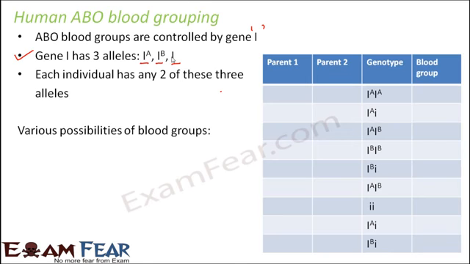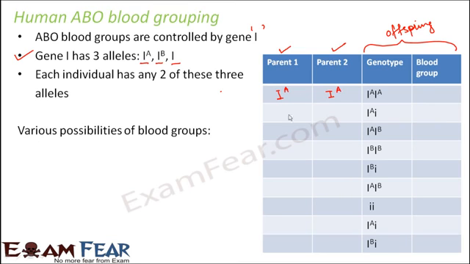So let us have a look at that. Now, what are the various possibilities? Let us suppose these are the 2 parents, and this is the offspring I am talking about, right? If the offspring has a genotype IA, what will the parent have? Again, there are possibilities. The parent can have IA.